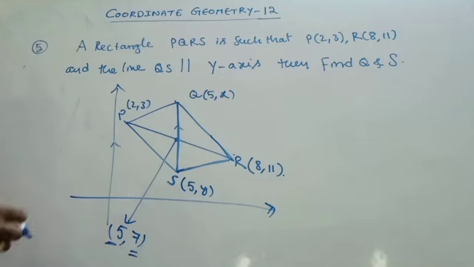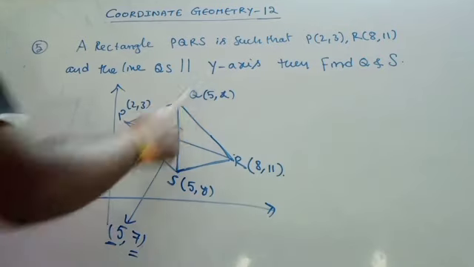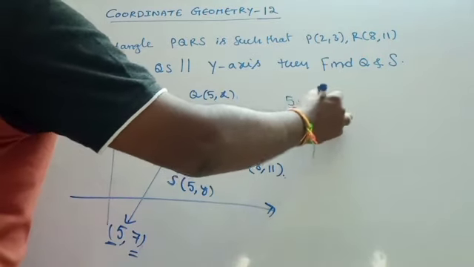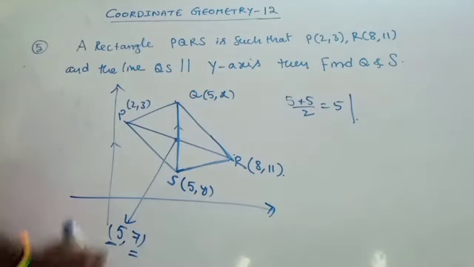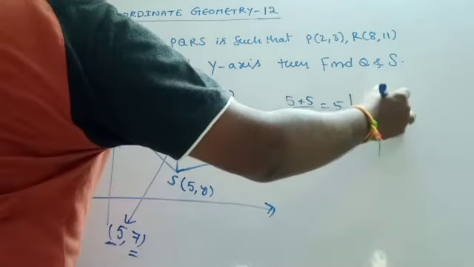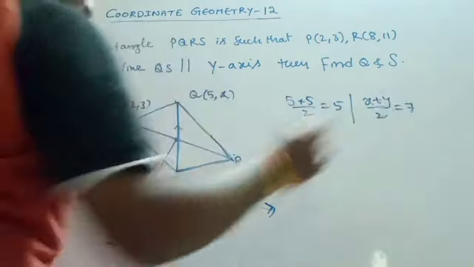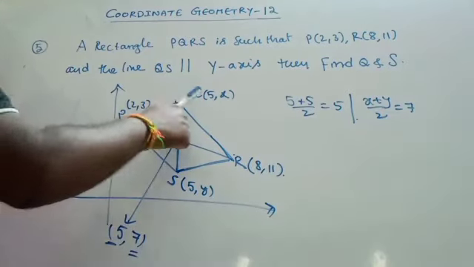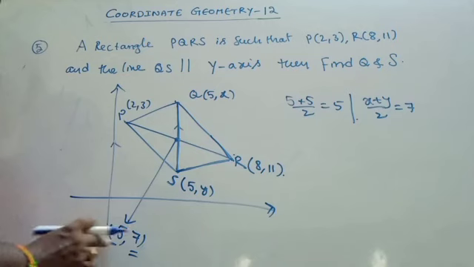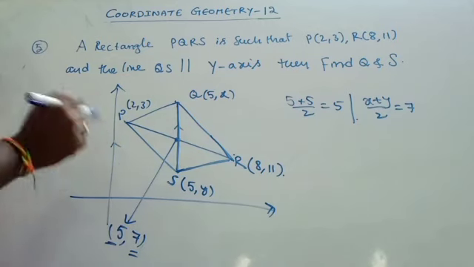Now you see, my dear students, by the midpoint formula, (5 plus 5) by 2 is equal to 5, that is correct. And another one you have here, (x plus y) by 2 is equal to 7, because we find the midpoint of this diagonal also and equate it, since the diagonals bisect each other.